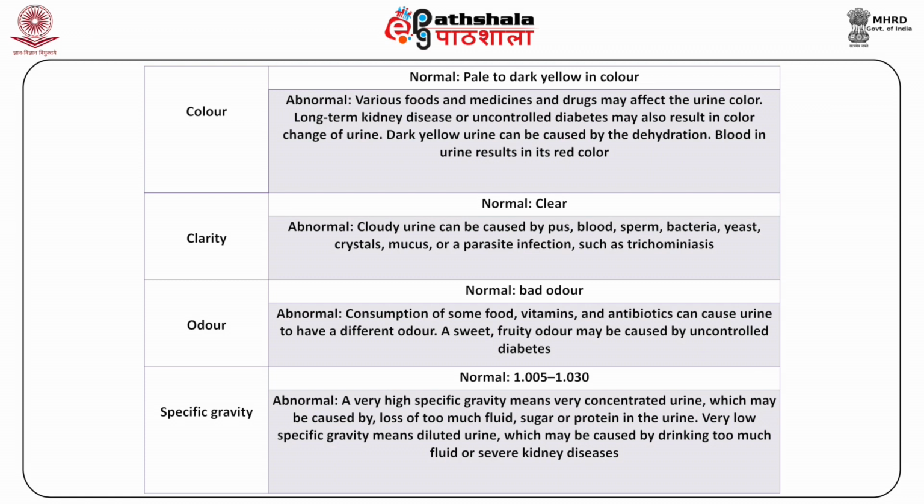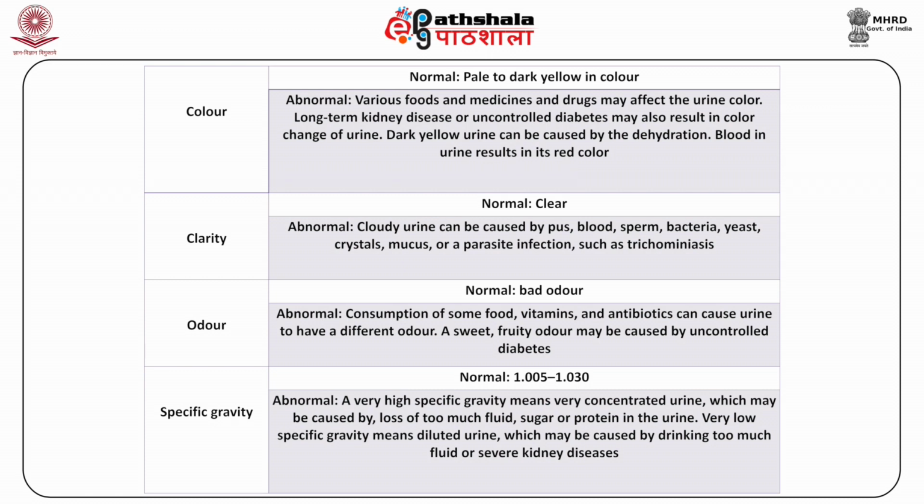Next, about the clarity. In case of normal, it will be very clear. In abnormal cases, cloudy urine can be caused by pus, blood, sperm, bacteria, yeast, crystals, mucus or parasitic infections such as trichomoniasis. Now next comes the odor. Normal urine has a slight odor, and in abnormal cases, the consumption of some food, vitamins and antibiotics can cause the urine to have a different odor.